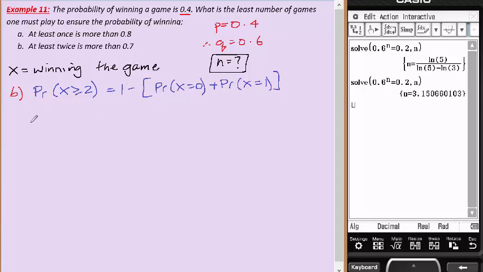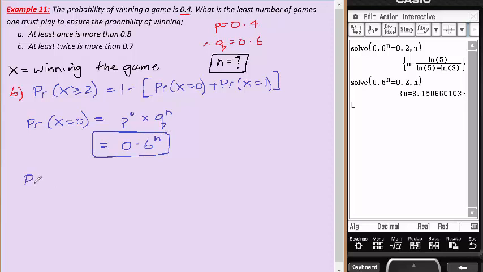Now, the probability that we win no times is P to the 0, which will be 1, times Q to the n. So, therefore, it's 0.6 to the n. Let's just store that in our memory banks for a second.